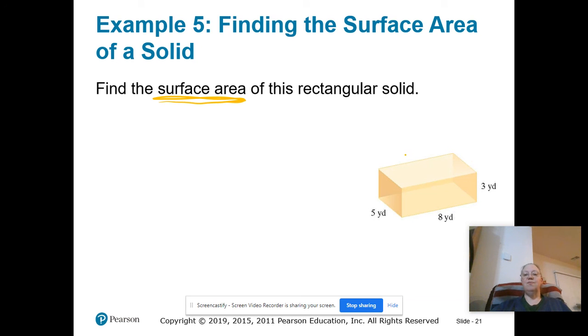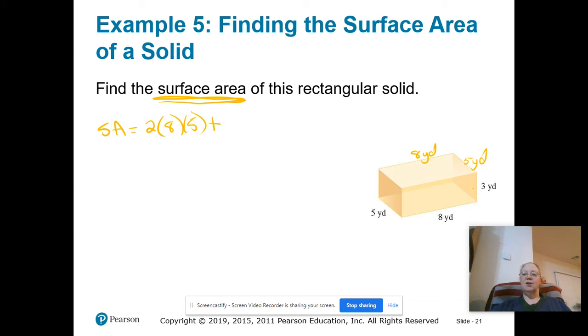So the area of this is 8 right here, and this is 5. So to find the area of the top would be 8 times 5, which is 40. But I've got 2 of those. I've got the top and the bottom. So surface area, I have 2 of my 8 times my 5. That's the top and the bottom.